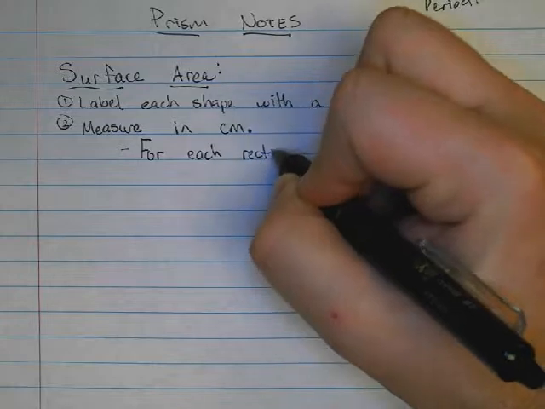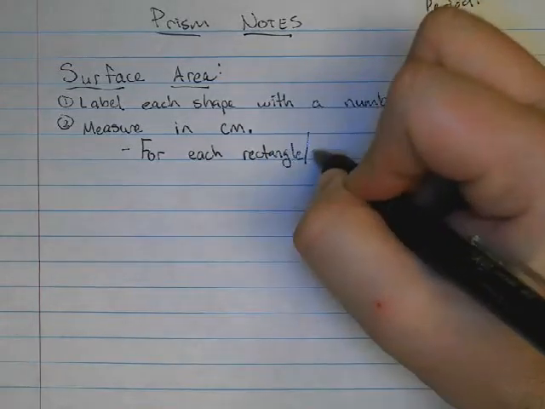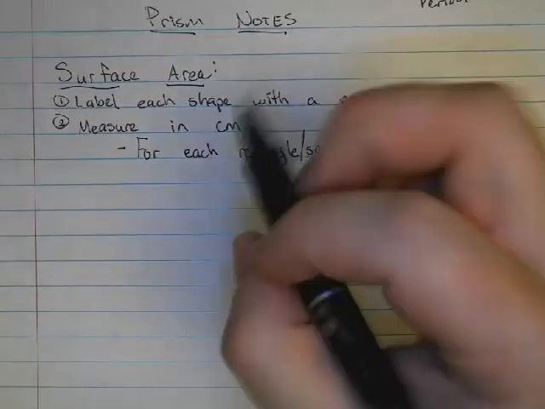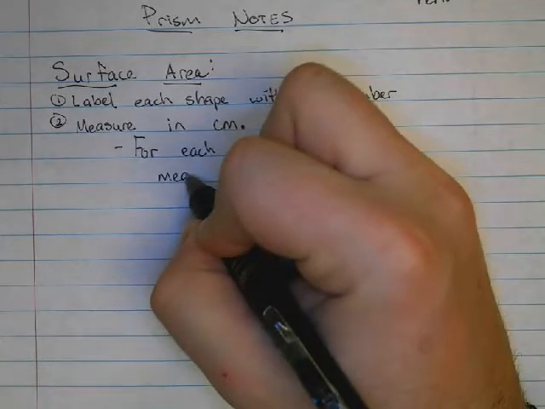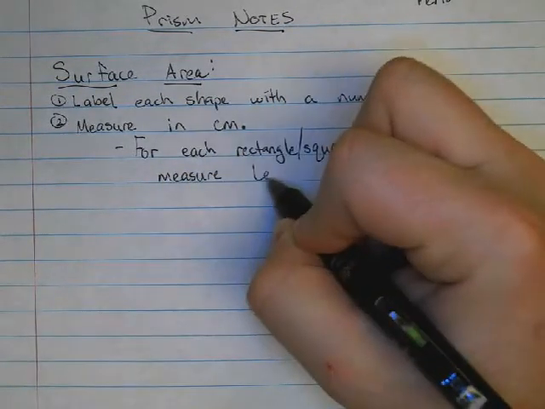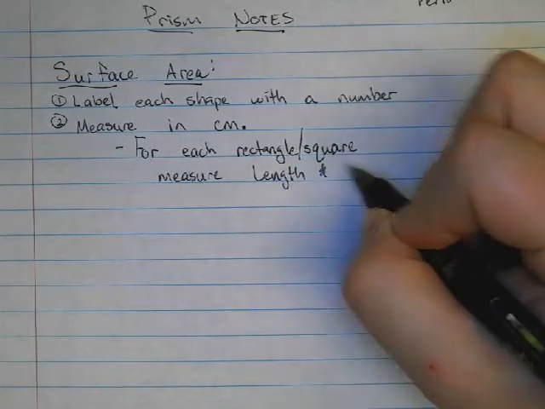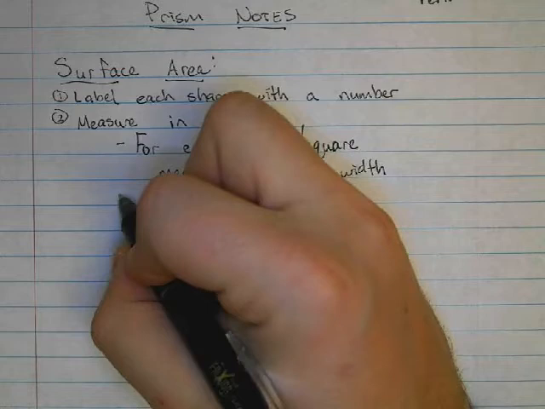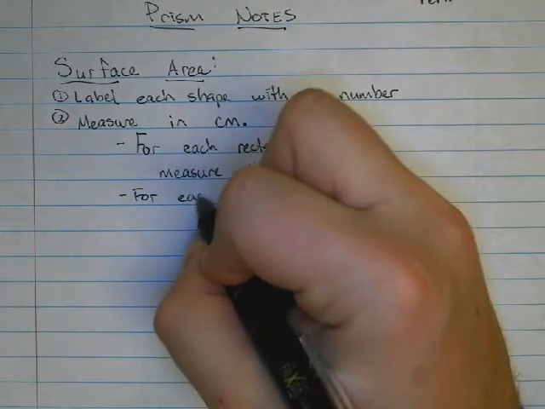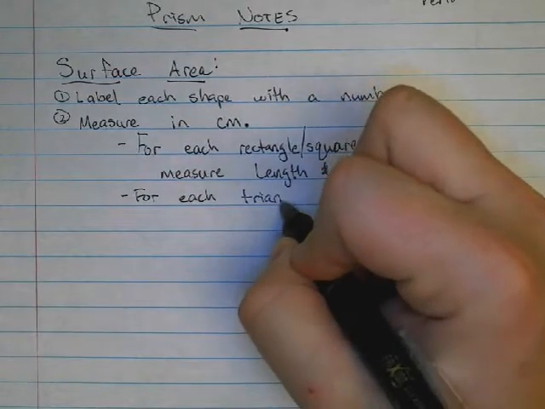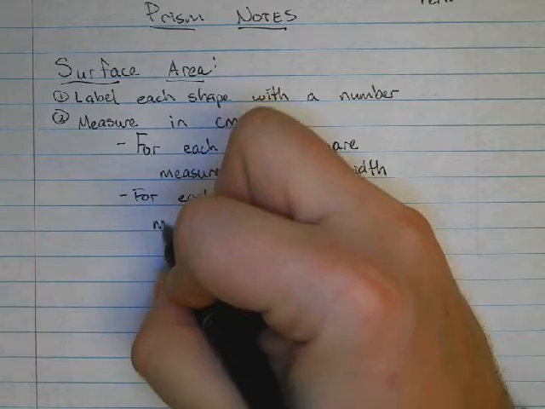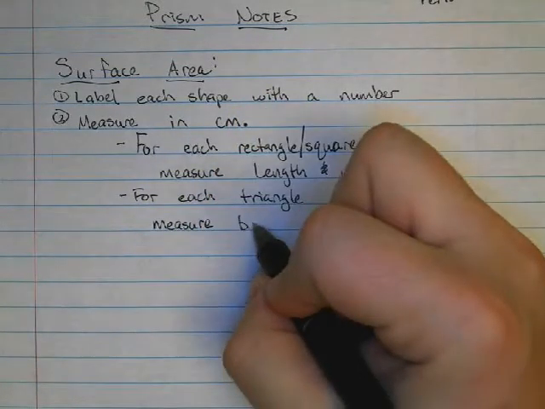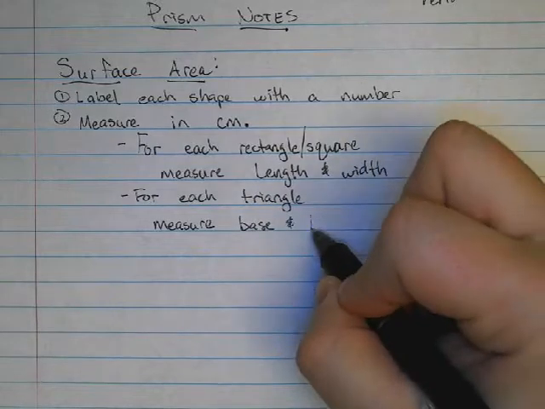For each rectangle or square, measure length and width, and then for each triangle, measure base and height.